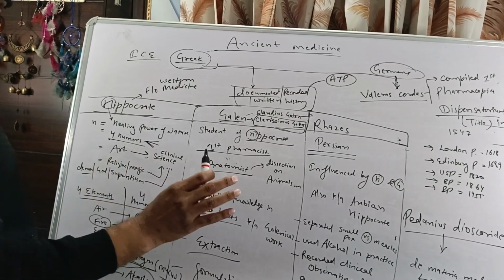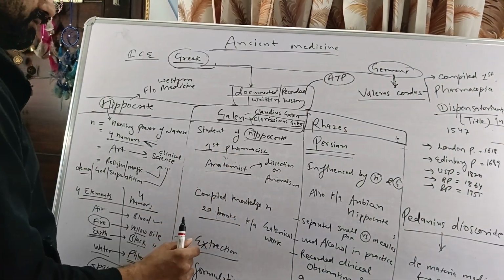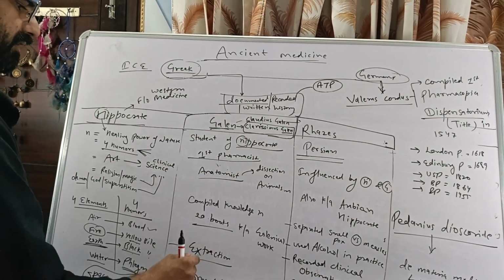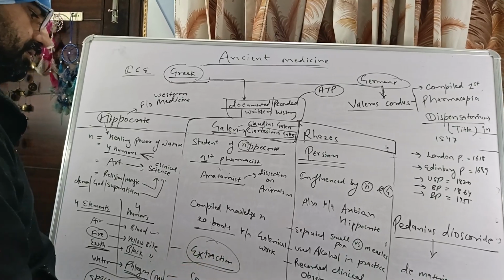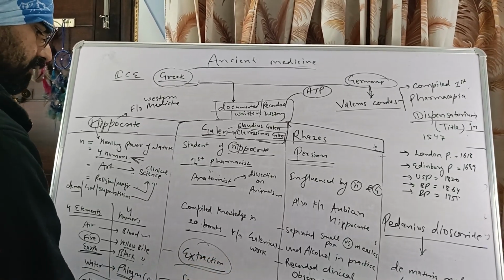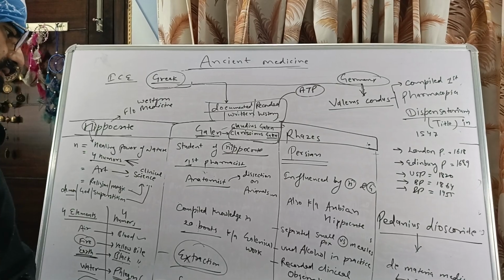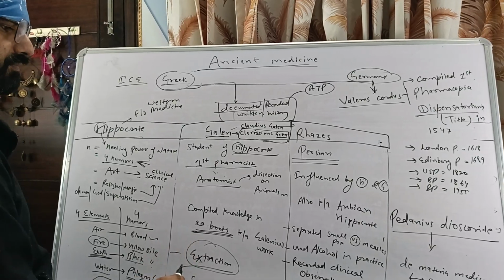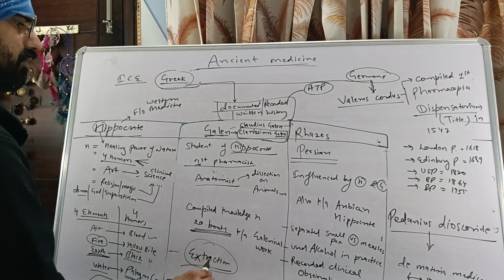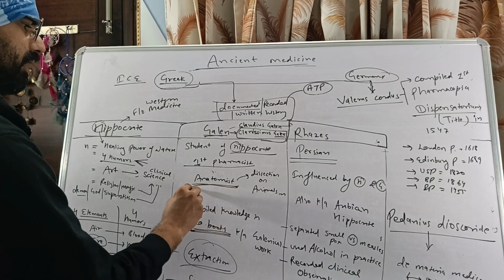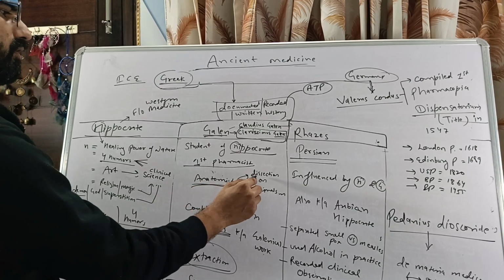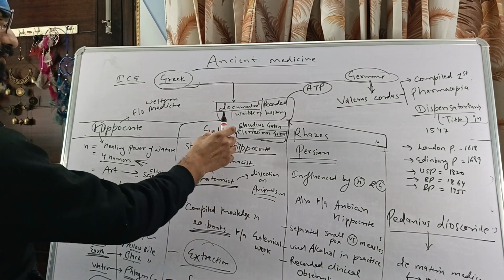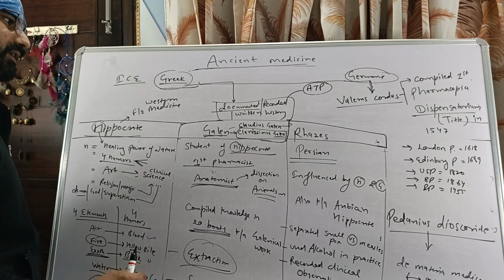He was not a pharmacologist; he was the first pharmacist who performed many pharmacy-related activities like extraction of plants and formulations of these extractions. He compiled all the knowledge in 20 books, known as the Galenical work. He was also an anatomist. He publicly performed dissection on animals. So this is all about Galen.